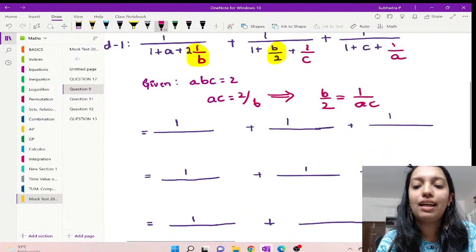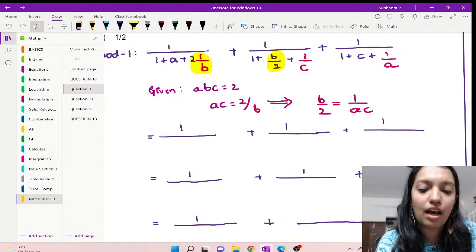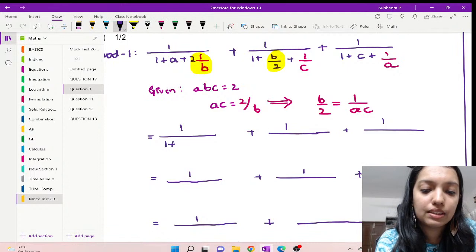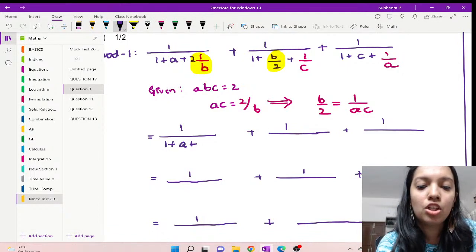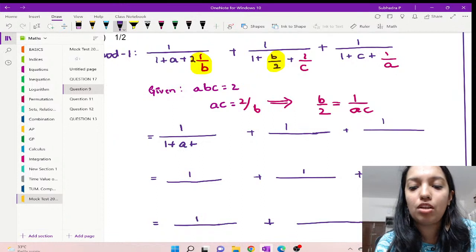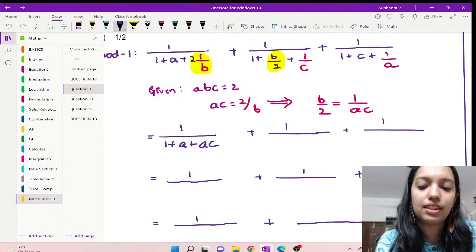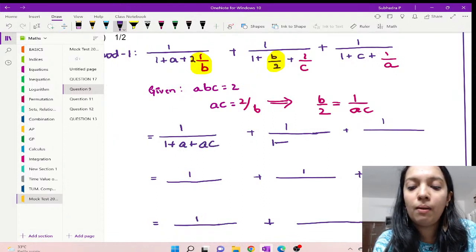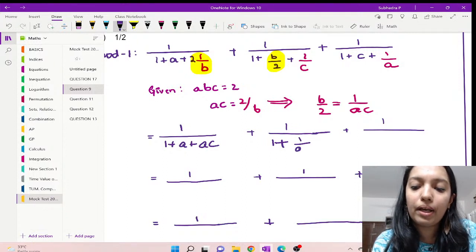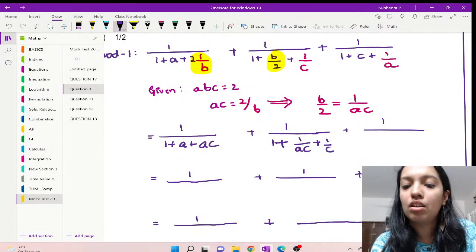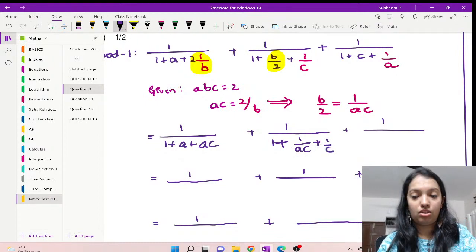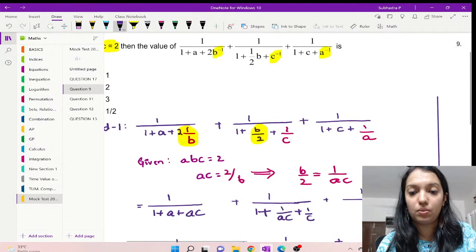So I will rewrite this entire equation now. 1 plus A plus 2 divided by B, which is AC. 1 plus B divided by 2 is equal to 1 by AC, plus 1 by C. Is it 1 by C in the question?